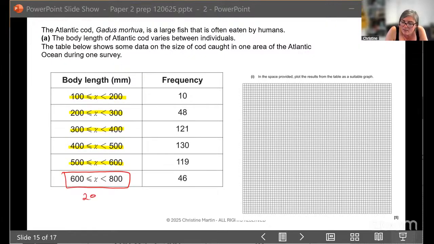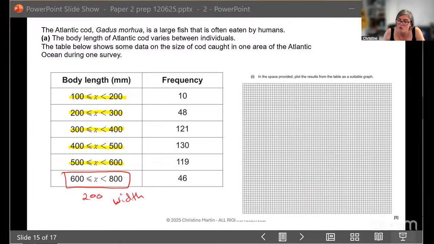So this one obviously has more and therefore should have a larger bar, so the width of this one should be larger. Then you need to think, if I'm going to draw this, what are my scales going to be? They're looking for whether you actually know how to draw a histogram. Whatever they give you in the exam, they're never going to give you this again.